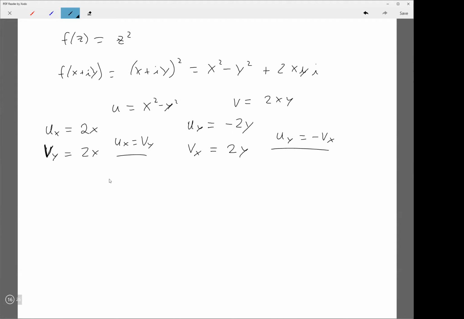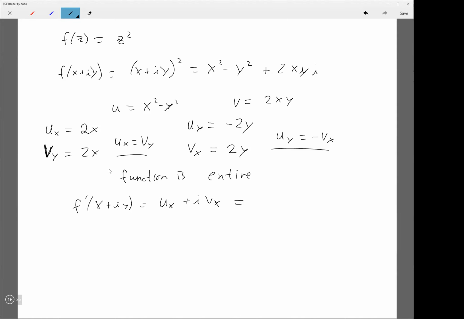The function is entire. All polynomials are entire and are differentiable everywhere. And you can also calculate the derivative this way. I said u_x plus i v_x, right?